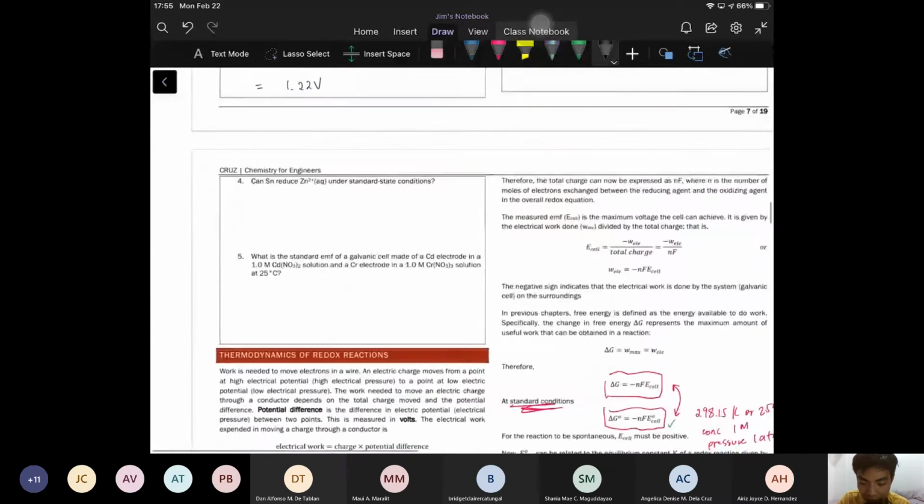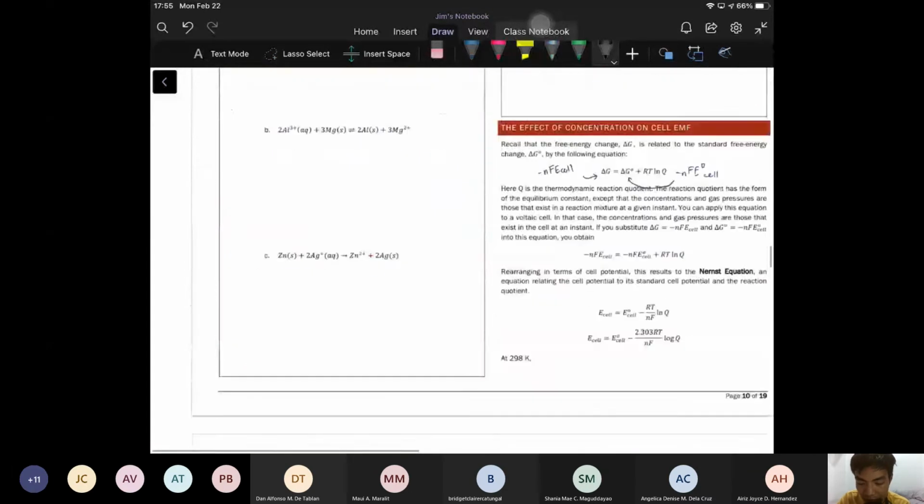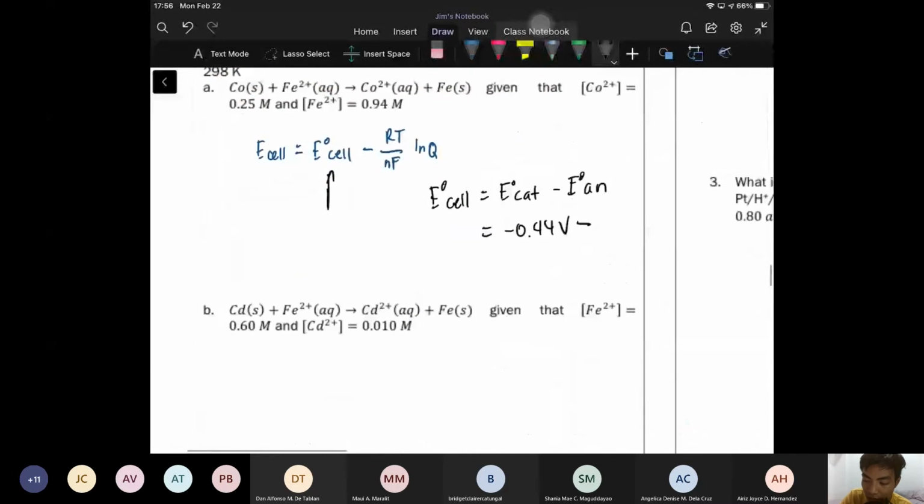Type natin dito. Negative 0.28 volts. Pagsamahin ang numbers, negative 0.44 minus negative 0.28, negative 0.16 volts. Okay. So, ano mapapansin nyo?